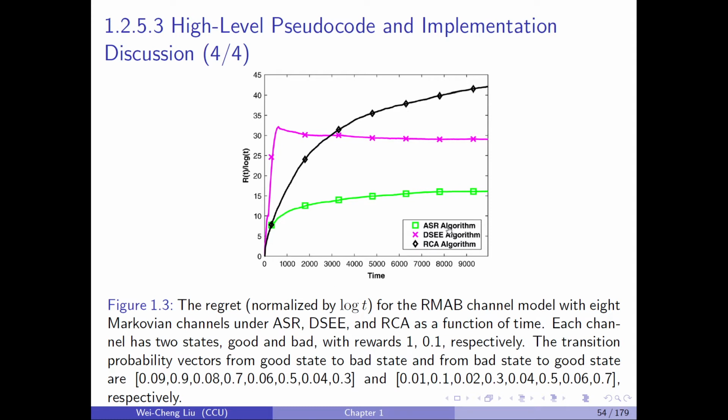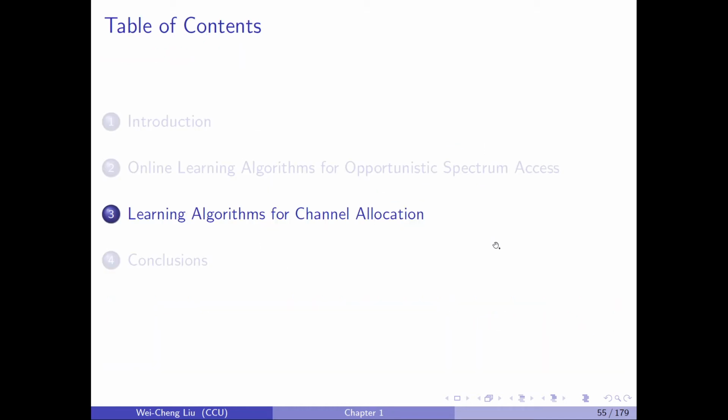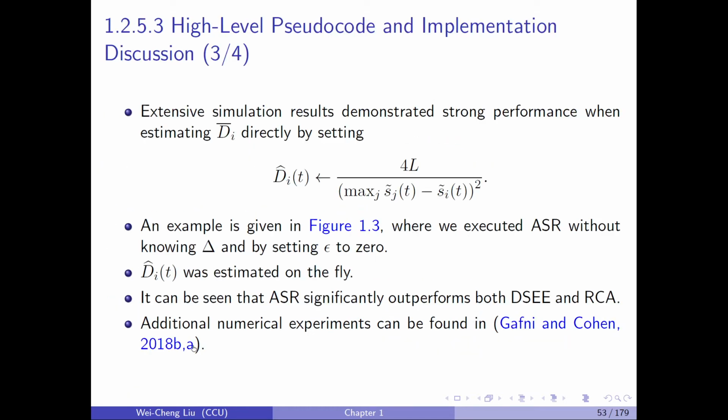So the ASR algorithm has better performance than the DSEE and RCA algorithms. Additional numerical experiments can be found in Gaffney and Cohen, 2018 B and A.